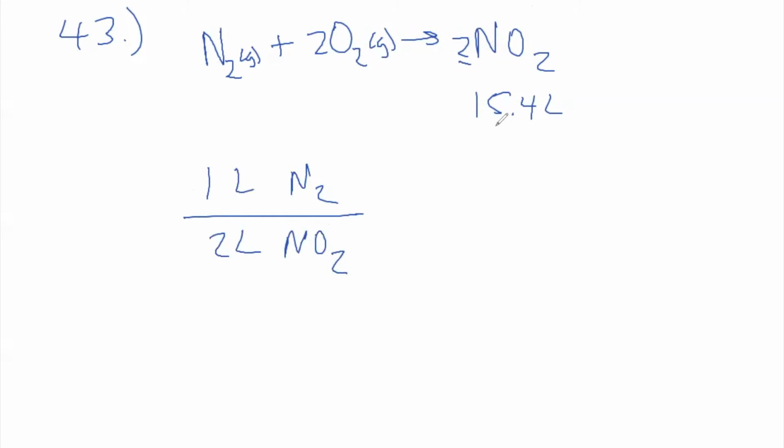And we can take what we've been given, 15.4 liters of NO2, and multiply it by this ratio. It'll cancel out NO2, and we get liters of N2. So that would be equal to 7.70 liters of N2 gas.